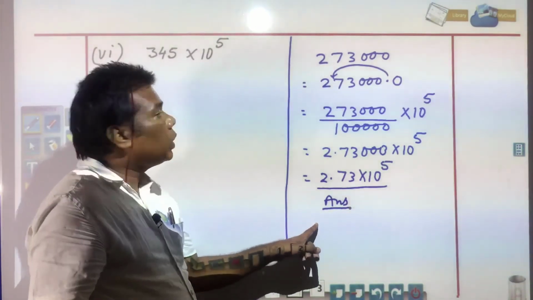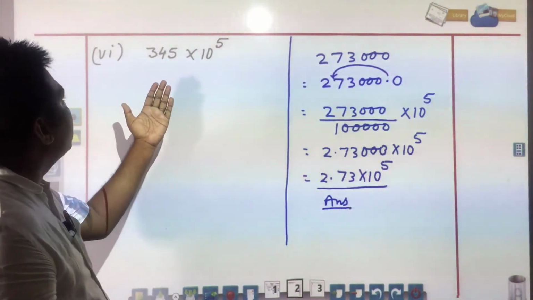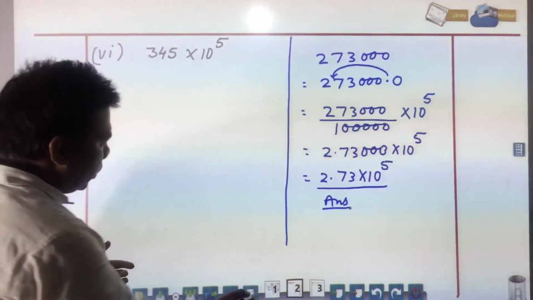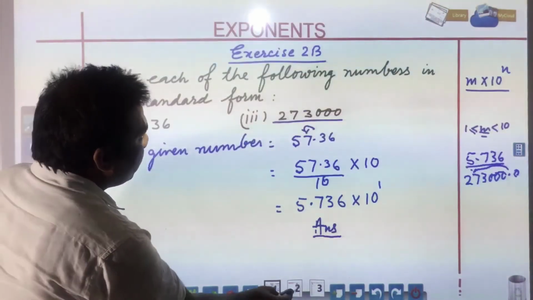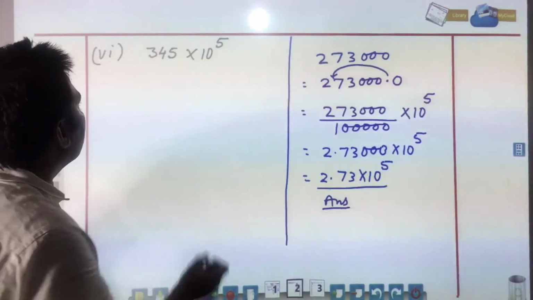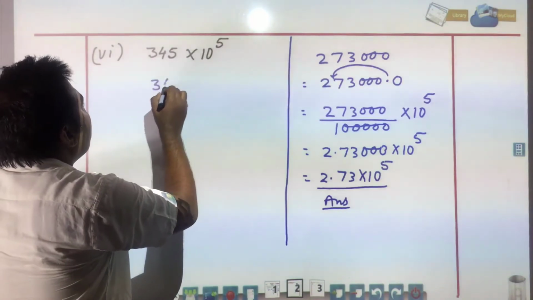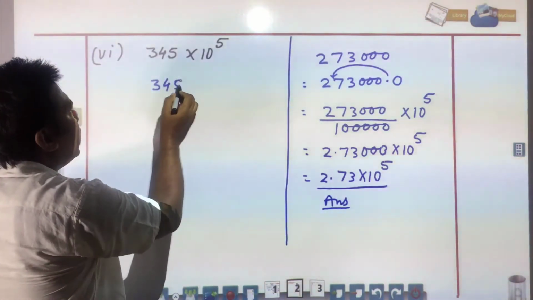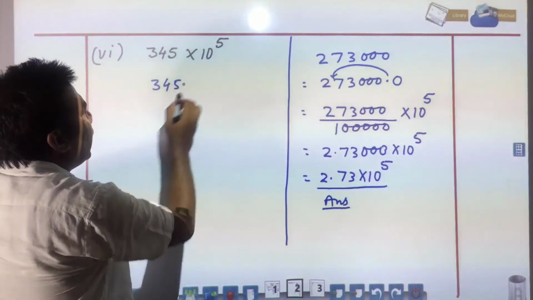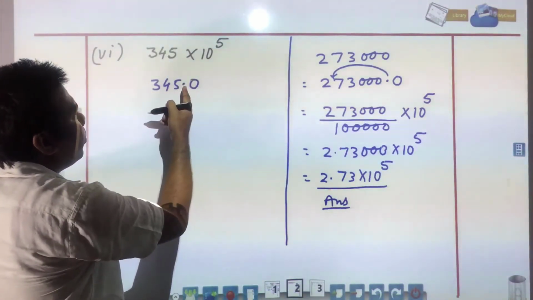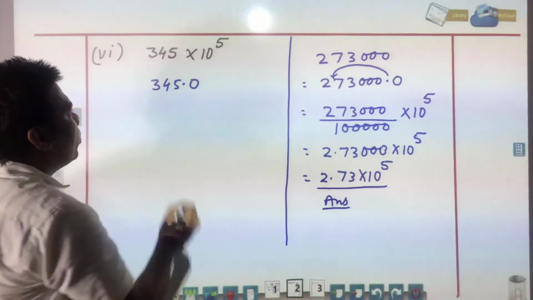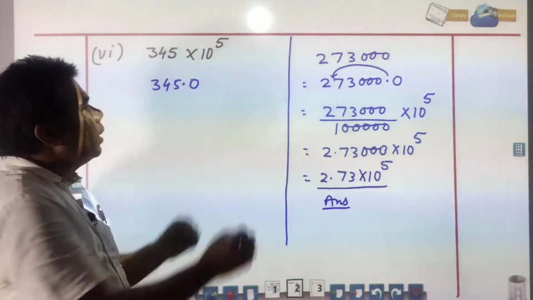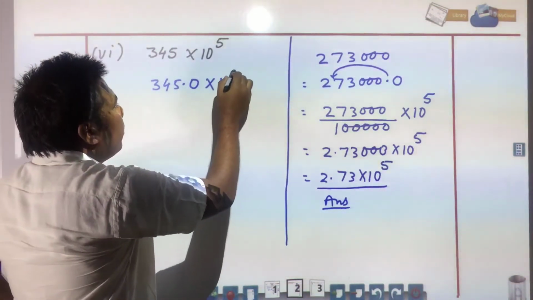I hope you understood. Here, next question, you see, question number 4 we have taken. 345 into 10 to the power 5 you have. Again, this number can be written as 345.0 into 10 to the power 5.